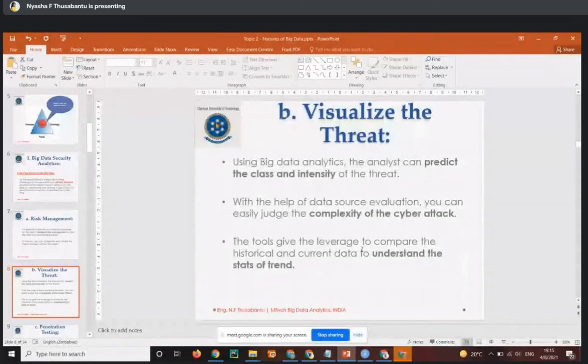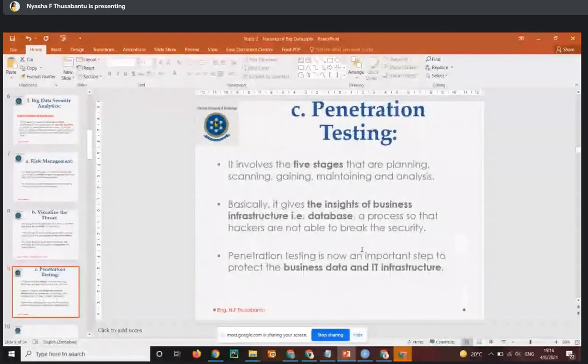It's intelligent risk management, the complexity of cyber attacks, understanding the trend. Then penetration testing. You also need to do all five stages: planning, scanning, gaining access, maintaining access, analyzing, and escalation of privileges. They all follow the big data analytics lifecycle. So it's basically just giving an insight into the business infrastructure and the processes.